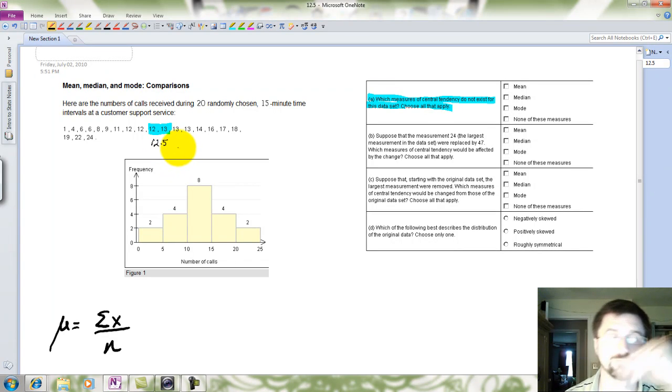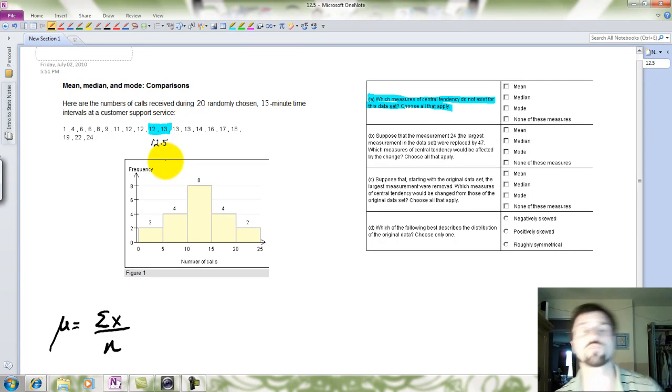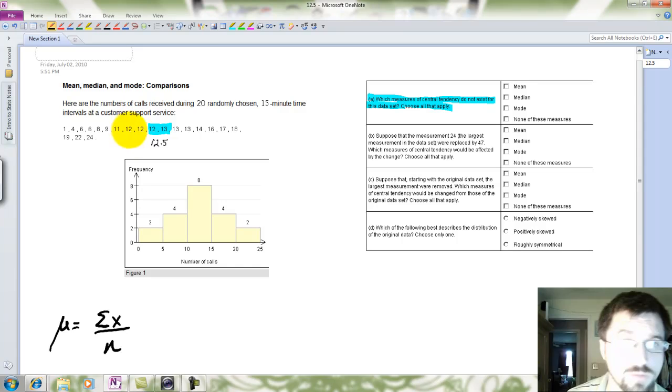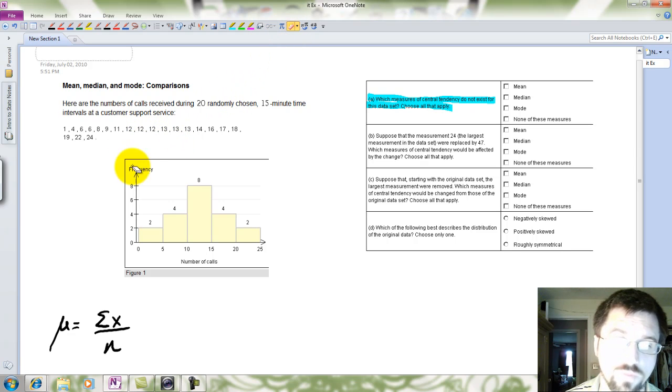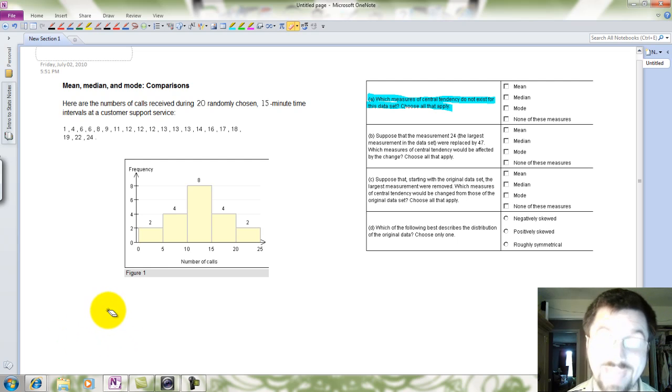Do we have a mode? Mode is the most frequently occurring number. And in this case, we actually have two modes. This thing is bimodal. We have these, and we have also these. So each one occurs 3 times. So they are both the mode. Just because there's more than one mode doesn't mean we don't have a mode.